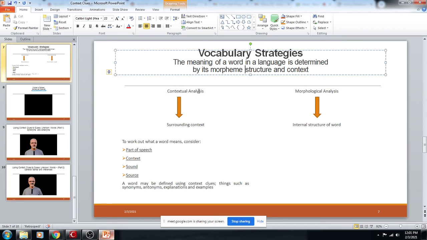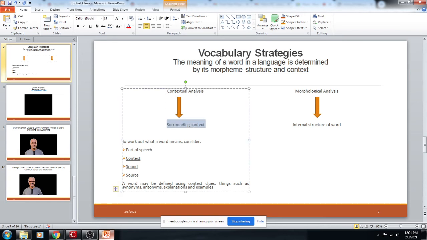So contextual analysis, you look at the surrounding context to work out what a word means. First you need to consider the part of speech, as we said, whether a word is a noun, a verb, an adjective, etc. Look at the context surrounding words, and sometimes the larger context surrounding sentences.